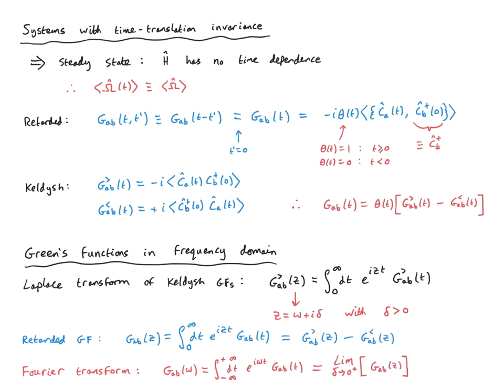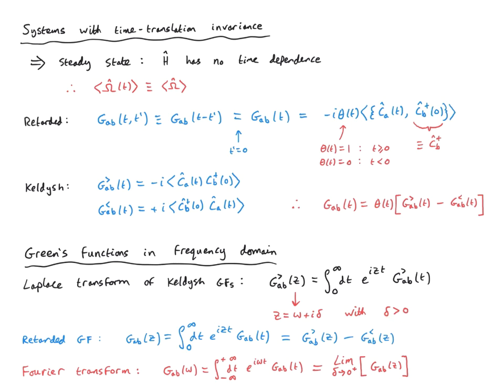This means that the Green's function in the frequency domain, GAB of omega, is very closely related to that which we obtained by the Laplace transformation, GAB of z. GAB of z, of course, is a function of the complex variable omega plus i delta, with delta defined as being positive.